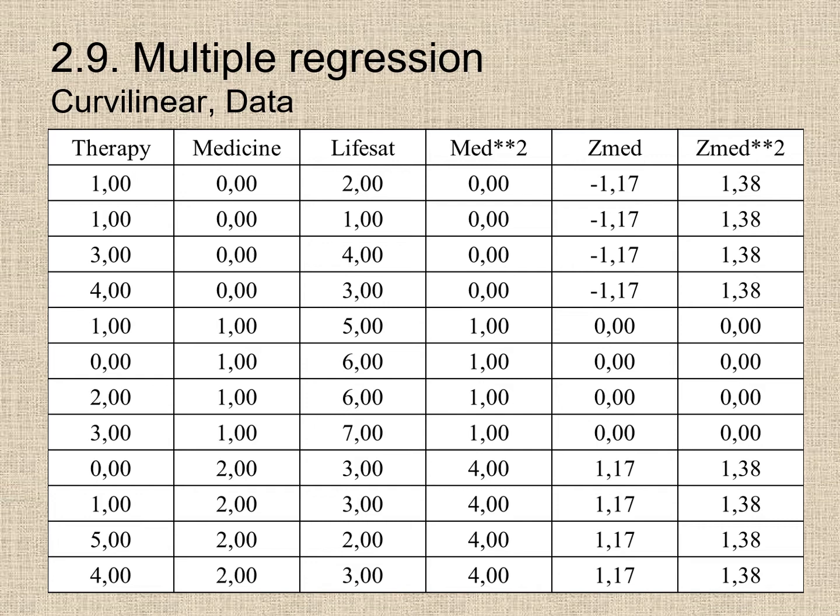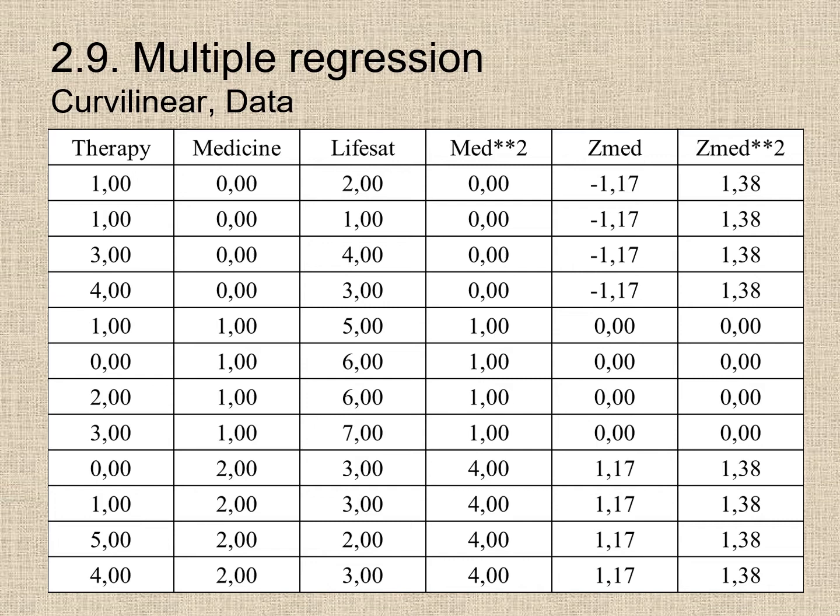How much medication is he or she receiving? 1.17 standard deviations over the mean, more than the average. Of course, the values don't become so realistic here with so few values, but okay. So those are the standardized values.